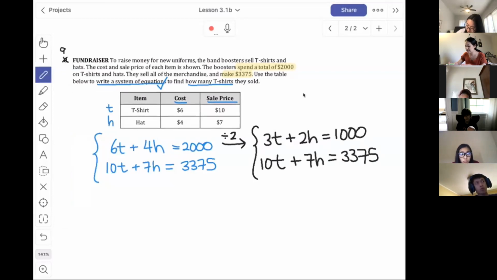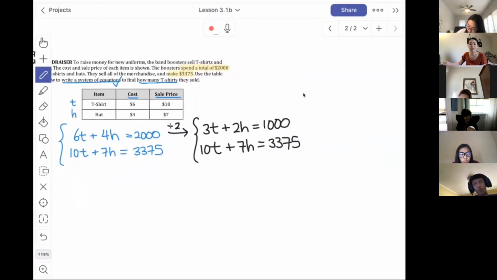All right. From here, I'm going to need to use elimination. Let me help you out with this one because we haven't done one like this just yet. Notice that there's no integer I can multiply 3 by to get 10, and no integer I can multiply 2 by to get 7.